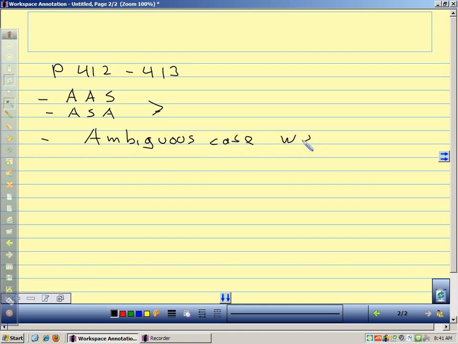when we have a side-side angle combination. And if you remember back from geometry, we could use angle side angle or angle angle side to prove that triangles were congruent.